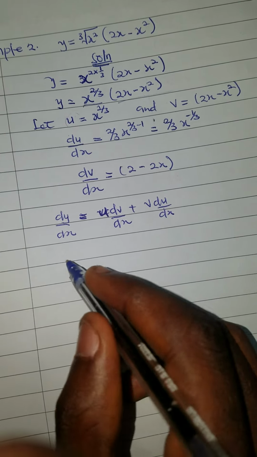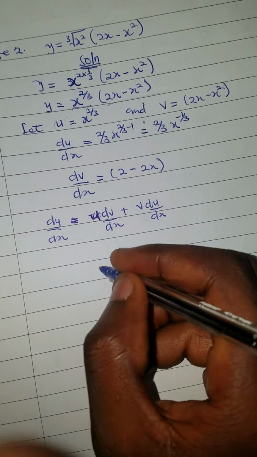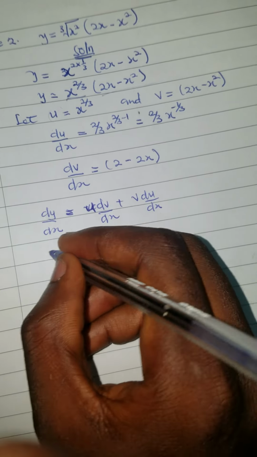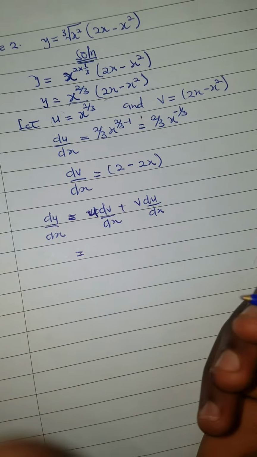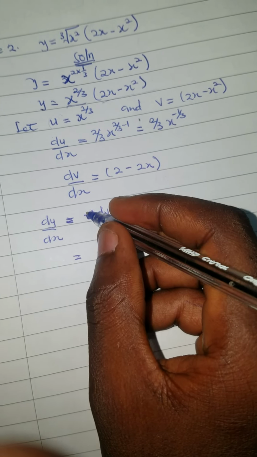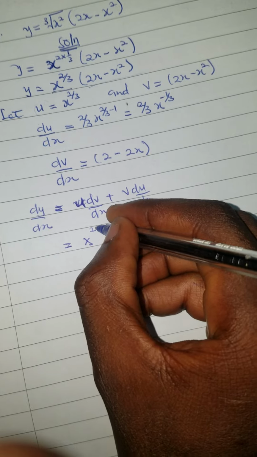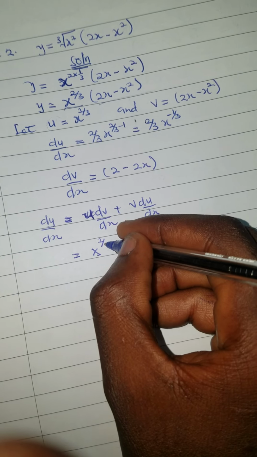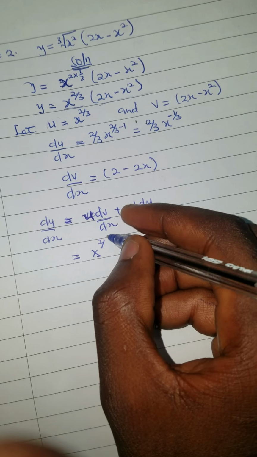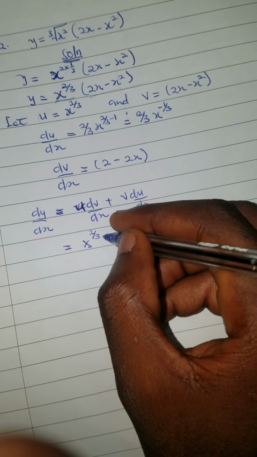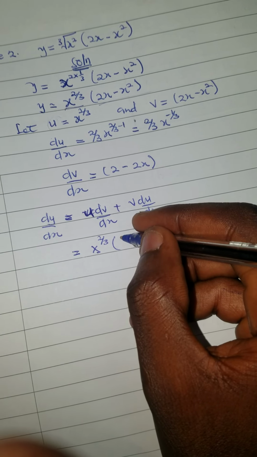So what you do is you now substitute your terms inside. We know our u to be x raised to the power 2 over 3, multiplied by the dv dx.